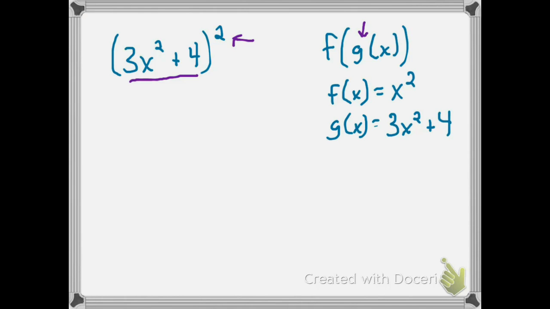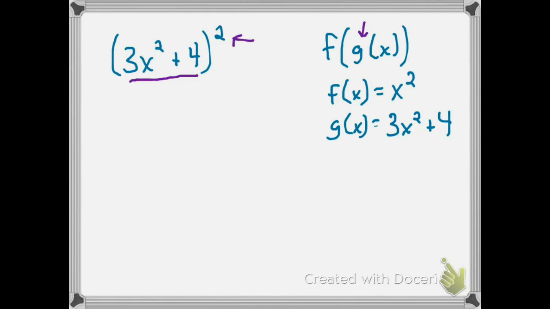So now when I take the derivative of my function 3x squared plus 4 all being squared, I need to account for the derivative of both the f of x and g of x, and that's where chain rule comes in. We're going to start on the outside and then work our way in as we take derivatives. So my outsidemost function is my f function, which is something being squared.